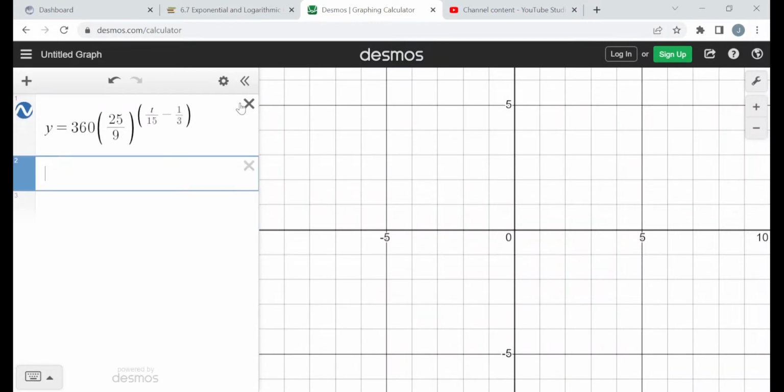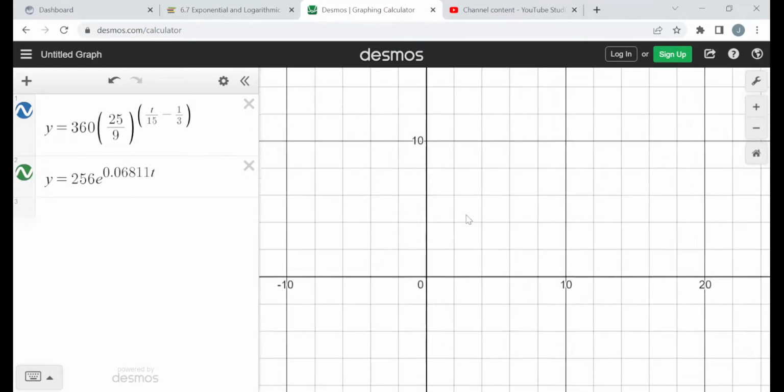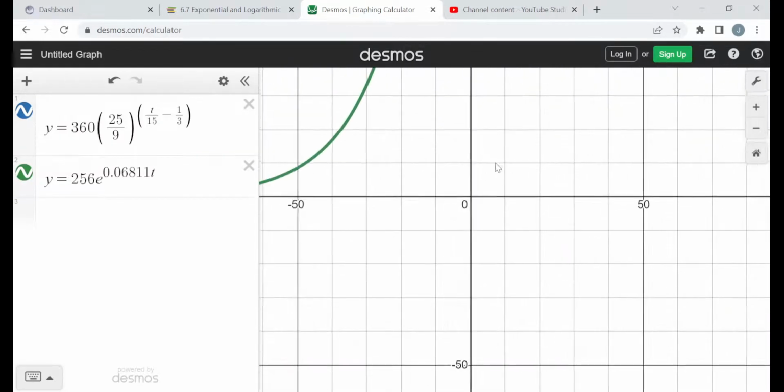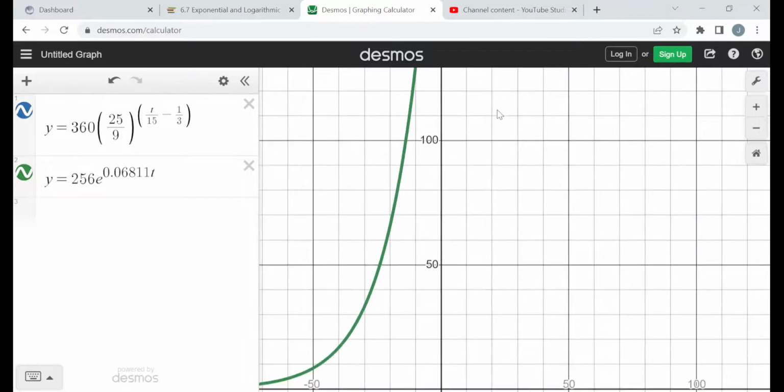And then the other one, y equals 256 times e to the 0.06811t. Now you can't see them because the initial value is at 256, way up here.